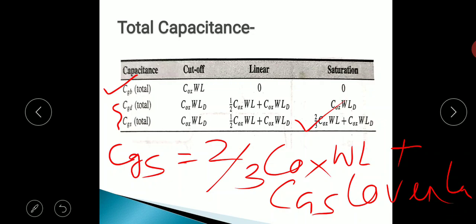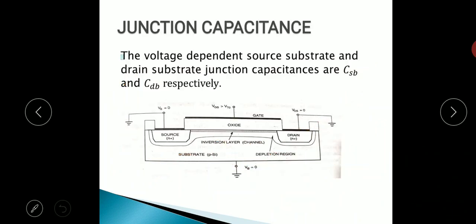Next we discuss junction capacitance. Here we discuss source to substrate and drain to substrate junction capacitance, that is CSB and CDB. Whenever we have a PN junction, whether or not we apply any voltage across the junction, we always get a depletion region across the junction.